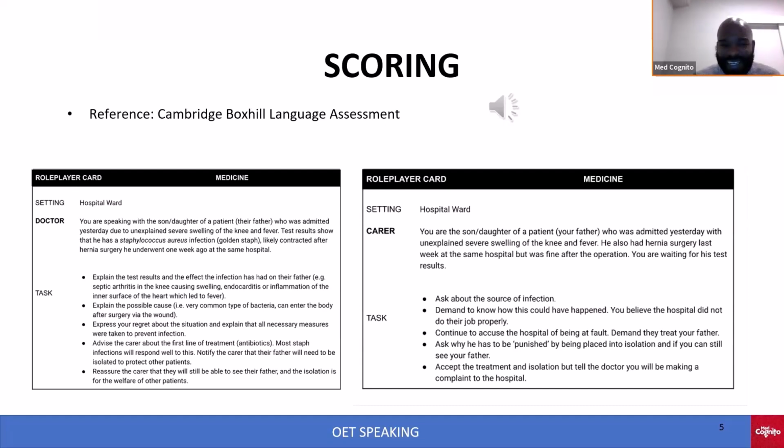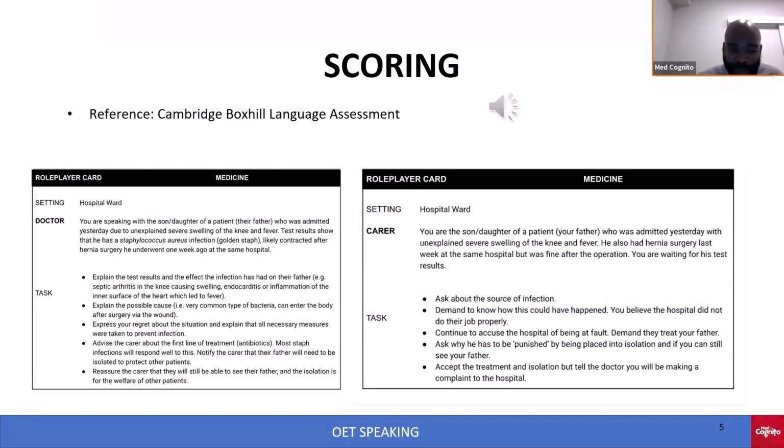You don't necessarily need to have some medical knowledge prior to the test about the specific infection that is being asked about. If you go through the task, you'll realize it says explain the test results and the effect the infection had on their father. And then it gives you what to say actually. Septic arthritis in the knee causing swelling, endocarditis, and other things. So you just follow that to explain your points.